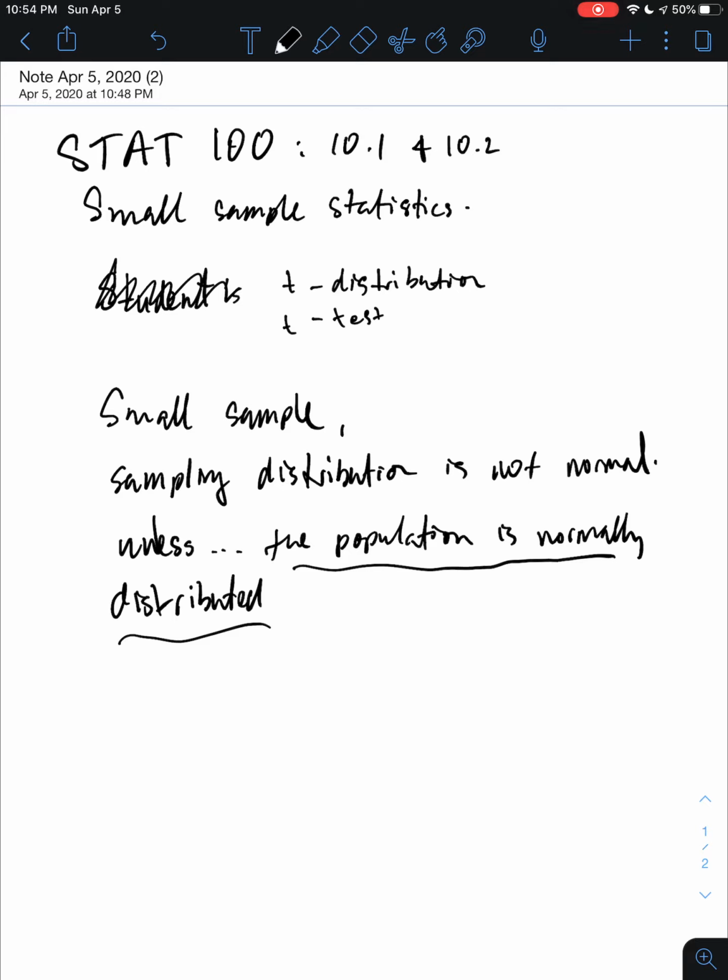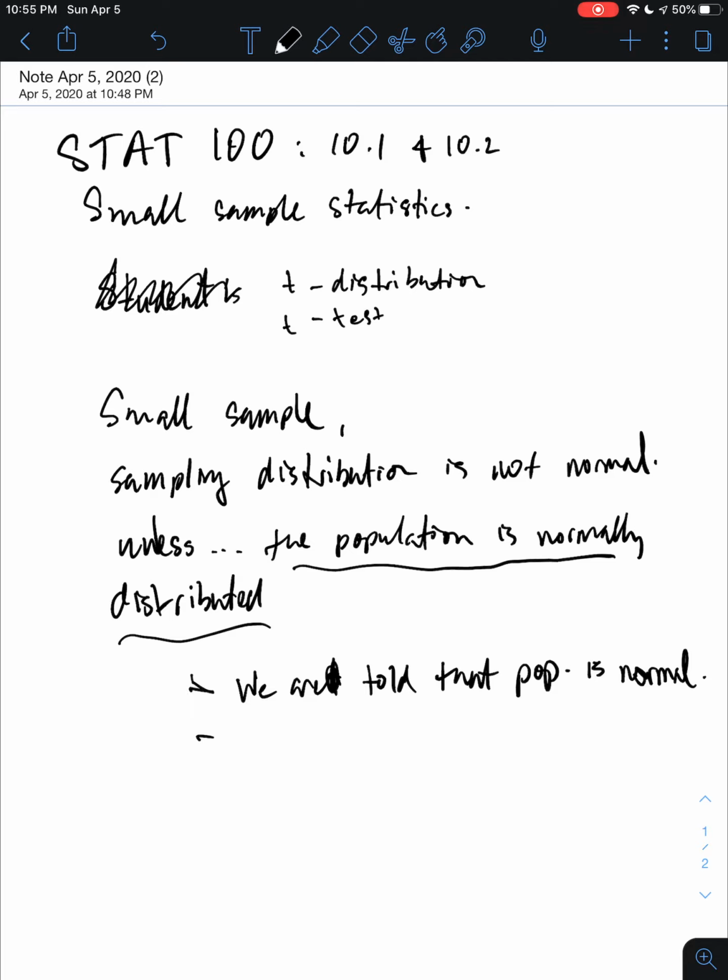So how do we know if it's normally distributed? Well, one way to know is we are told that it's normally distributed. And that may be the case in some problems you see in the textbook.